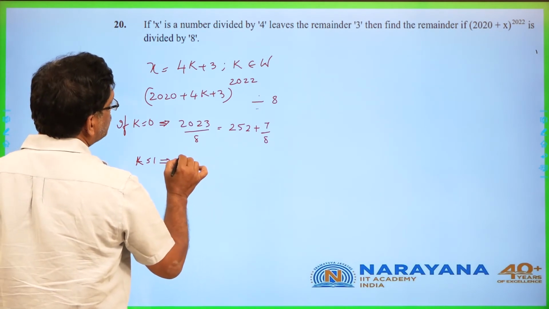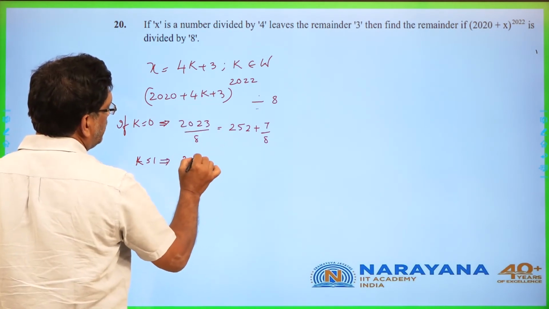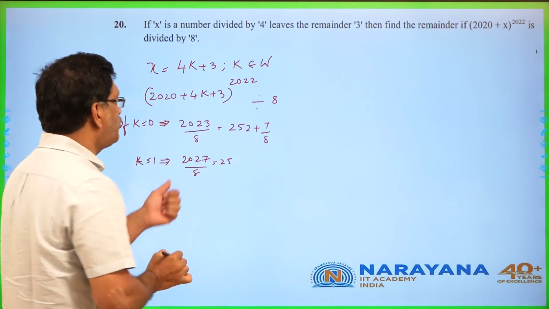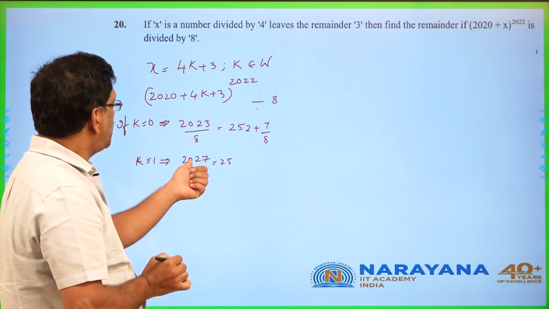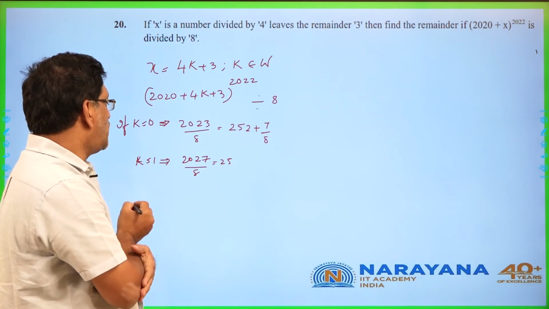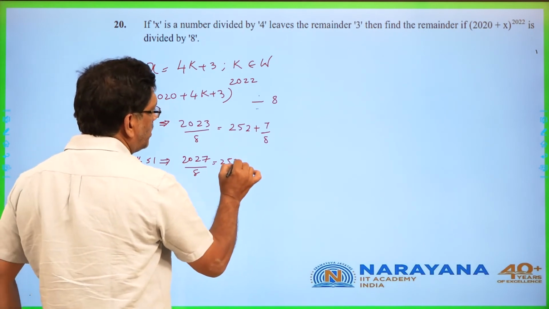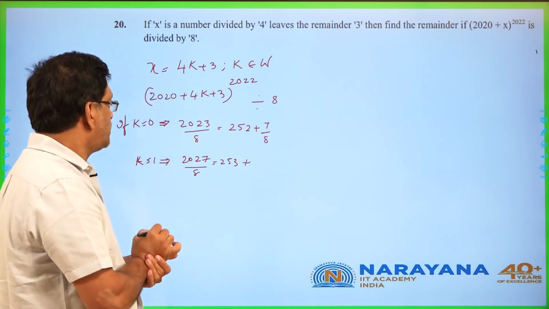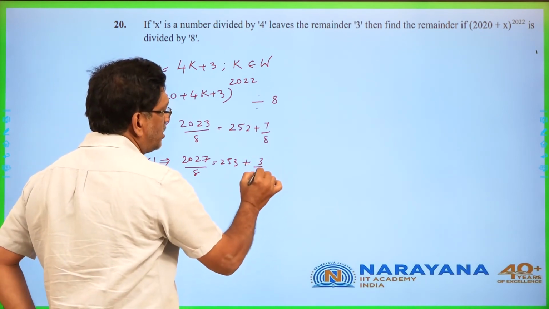If you take k equals 1, it is 27 by 8, 3 times 8 is 24, then 3 by 8.